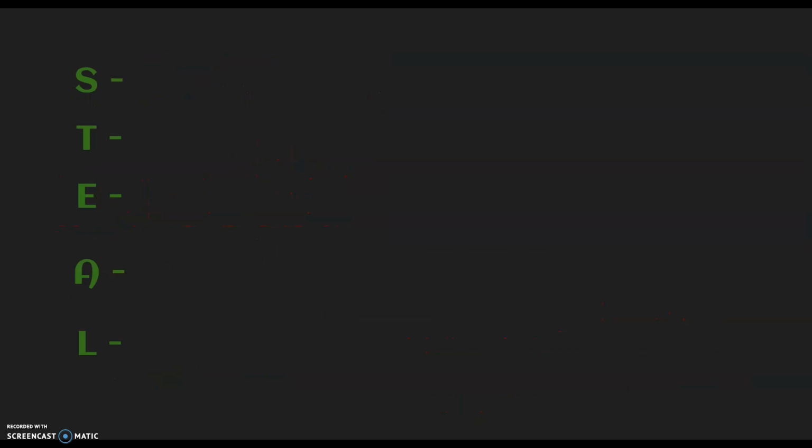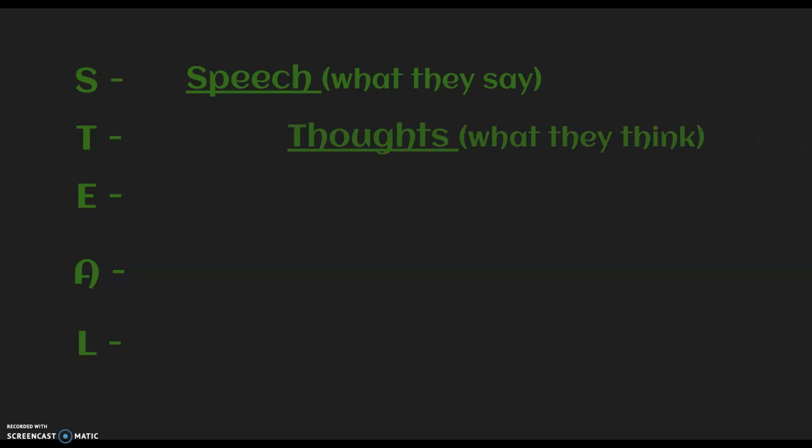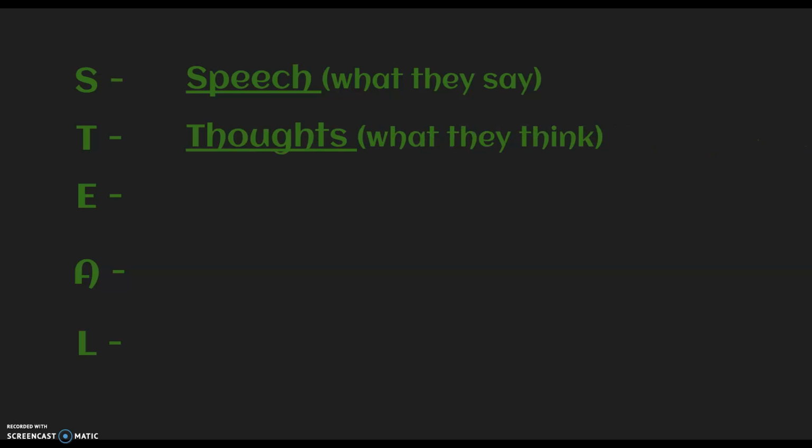So STEAL is an acronym, and it stands for speech, is what the character says. As we saw, Voldemort's tone was calm, right? T stands for thoughts, what the character is thinking. So often, especially if you're in a third-person omniscient point of view story, which we'll talk about later, you'll get the inner monologue, the inner thoughts of characters.